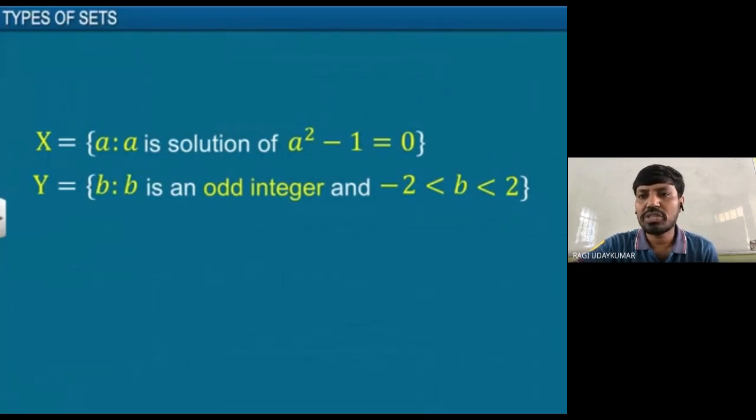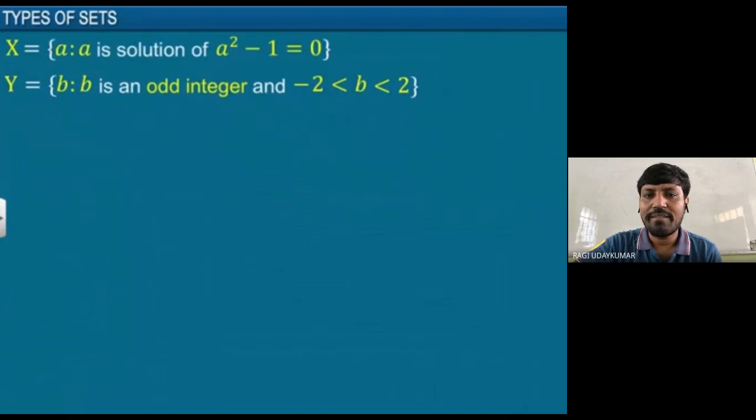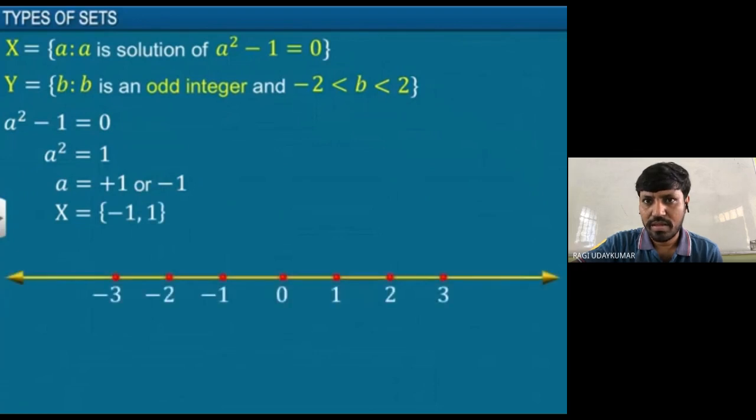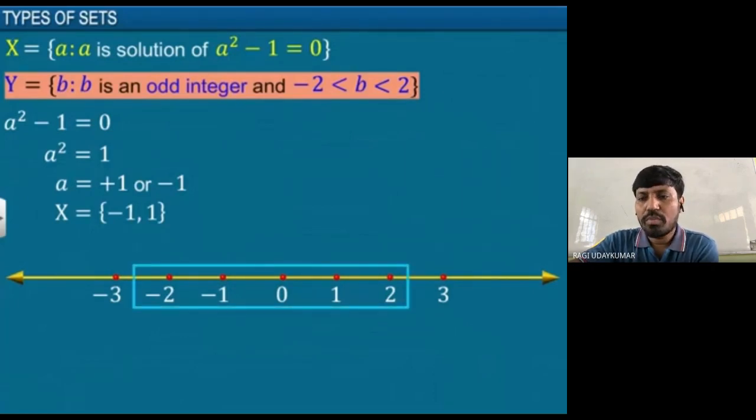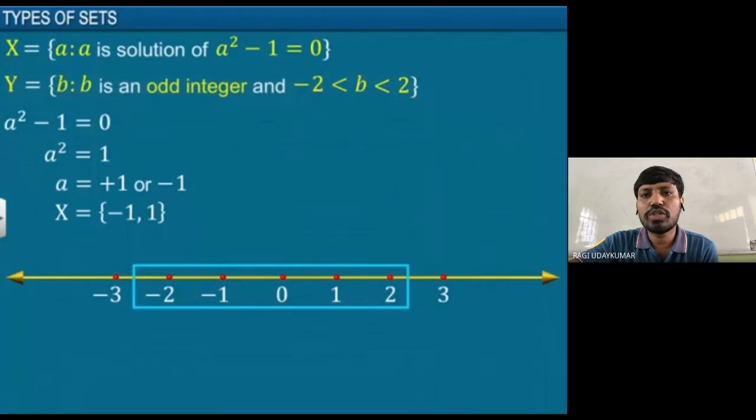A is the set such that a is a solution of a square minus 1 equal to 0, and B is the set such that b is an odd integer between minus 2 and plus 2. A square minus 1 equal to 0 means a square equals 1, so a equals plus or minus 1. You are going to get minus 1 comma plus 1. For B, the odd integers between minus 2 and plus 2 are minus 1 and 1.